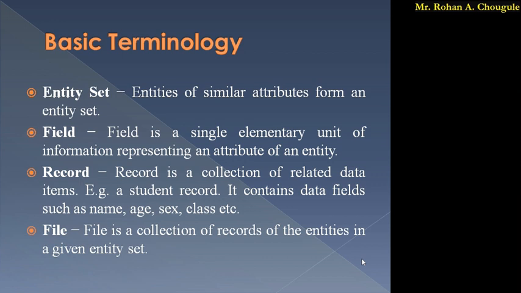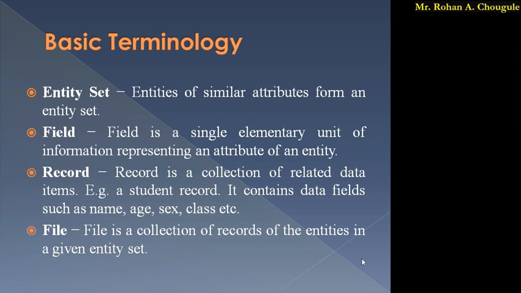Then we have seen the entity set. Then we have seen the field. Then we have seen the concept of record, where a file is a collection of records, and records are divided basically into two types, that is fixed length record and variable length record.